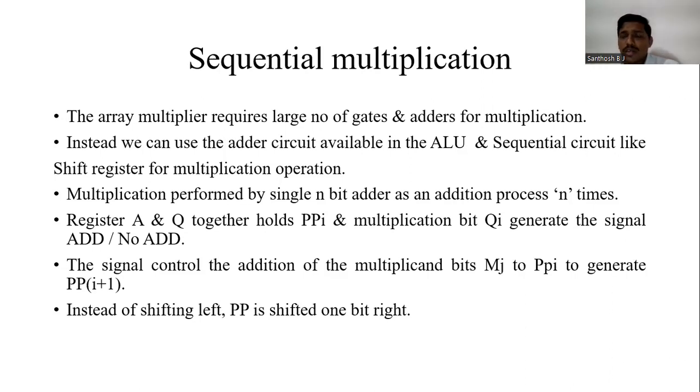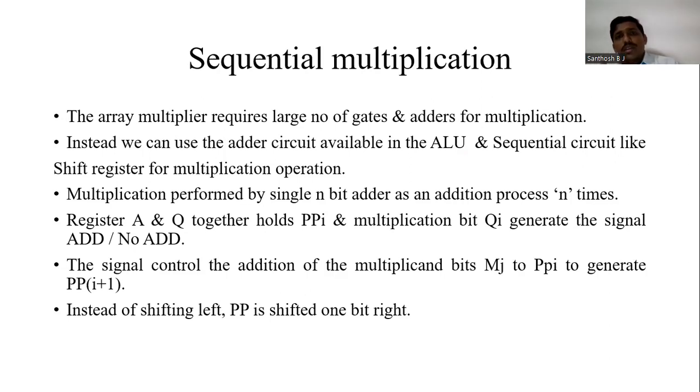That is partial product i plus 1, next partial product i plus 2, and so on. Another basic thing: normally we shift left, but in sequential multiplication the partial product is shifted one bit right, not left. These are some basic rules.